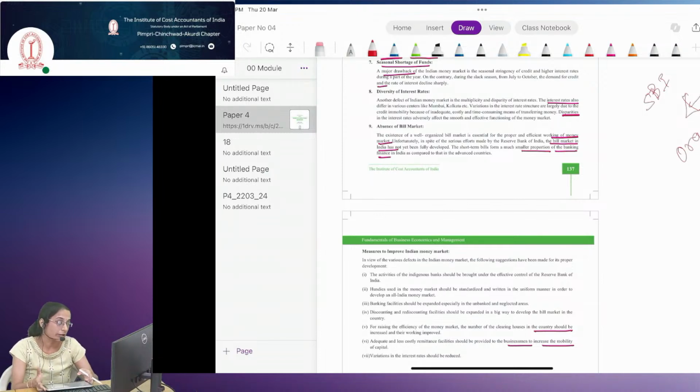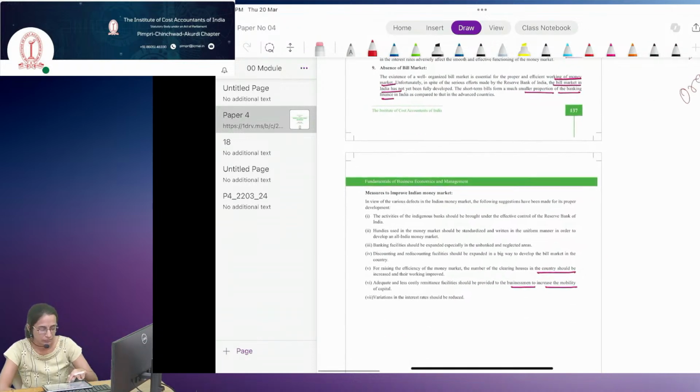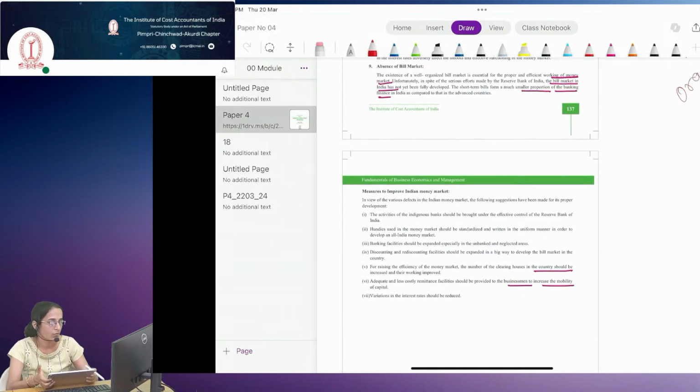Now we will see what measures can be taken to improve the Indian money market. Measures to improve Indian money market.